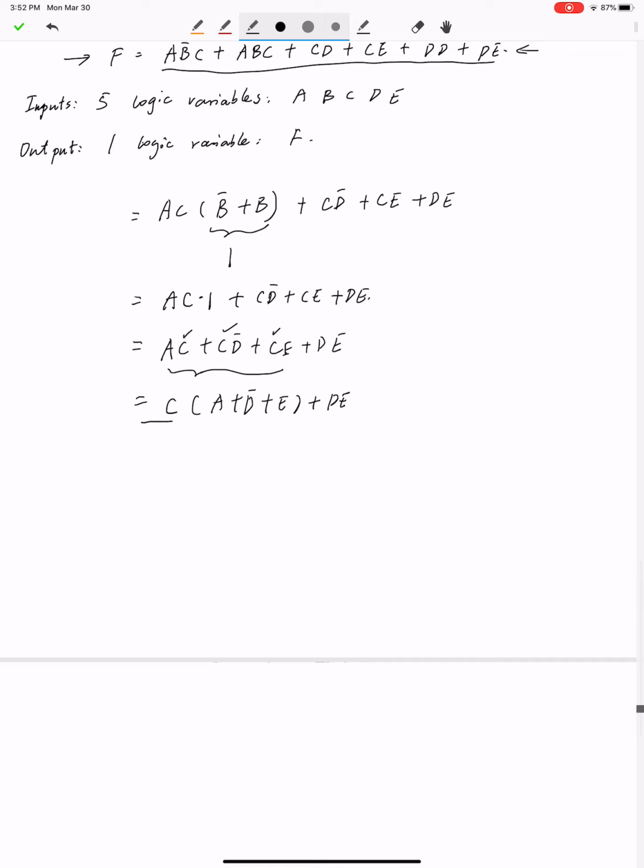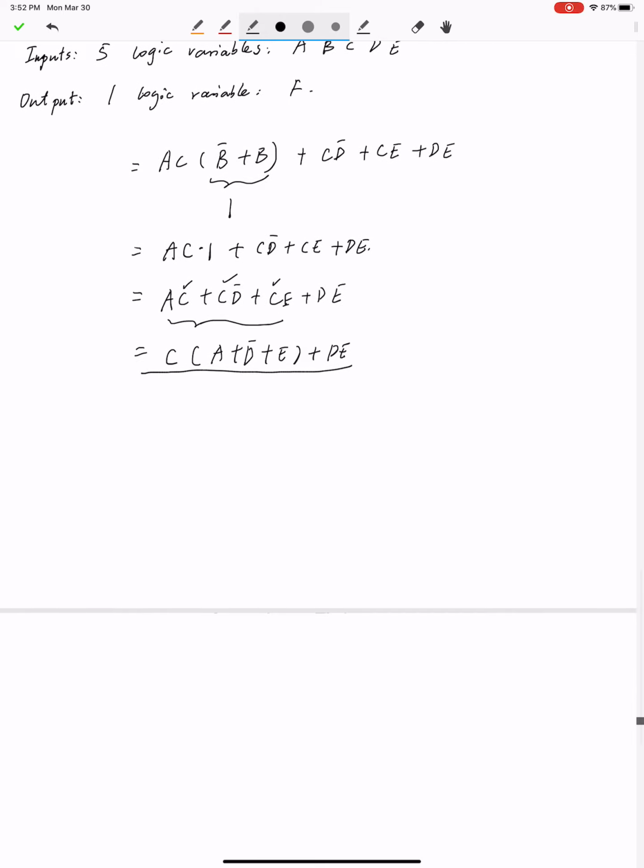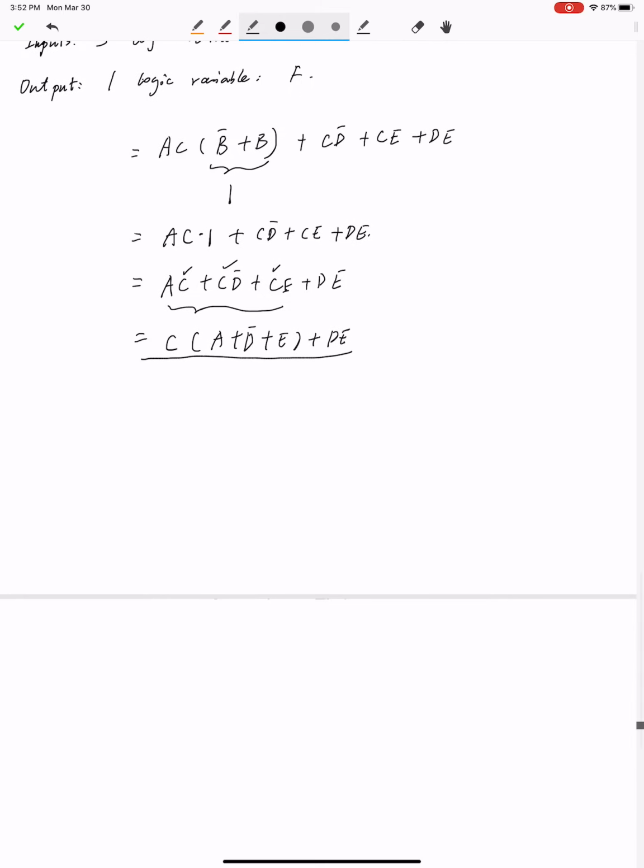So how to draw a logical circuit that represents this logic expression, right? So here, let's first count how many variables, how many inputs we have. We have A, we have C, we have D, we have E. We don't have B anymore, right? So we don't need to use the input B. The first term is C times (A plus D bar plus E).